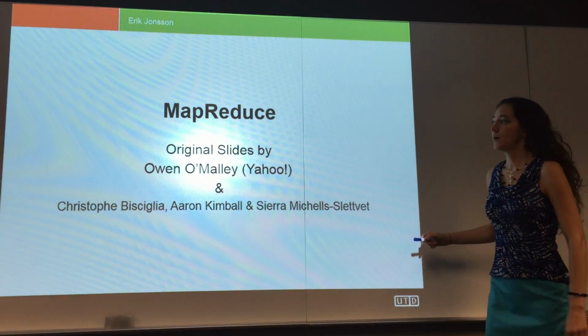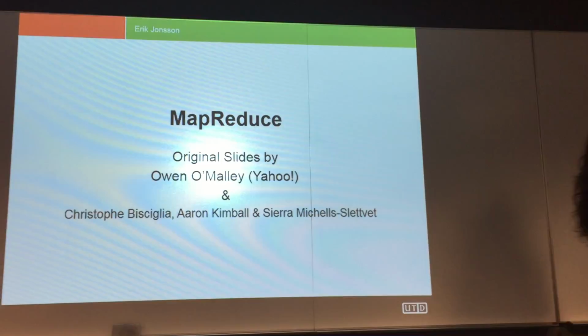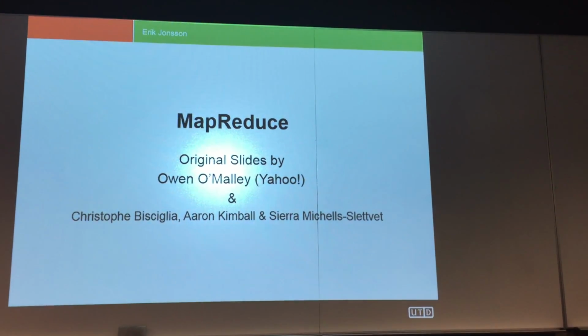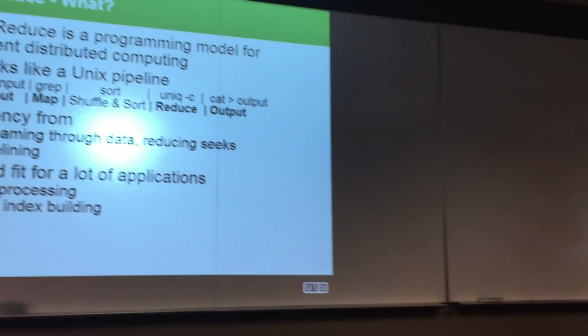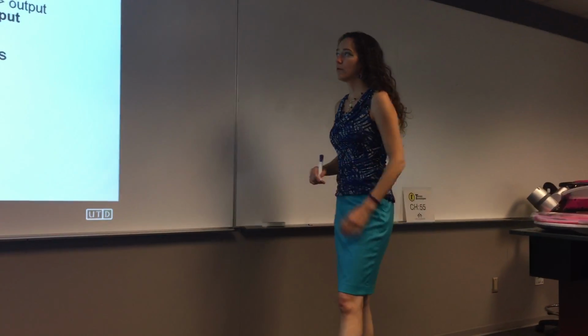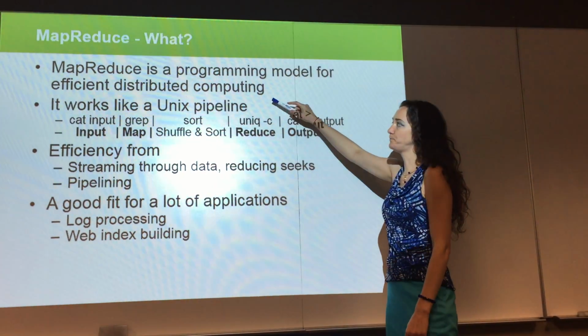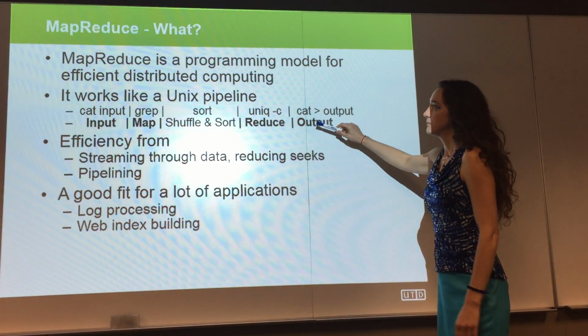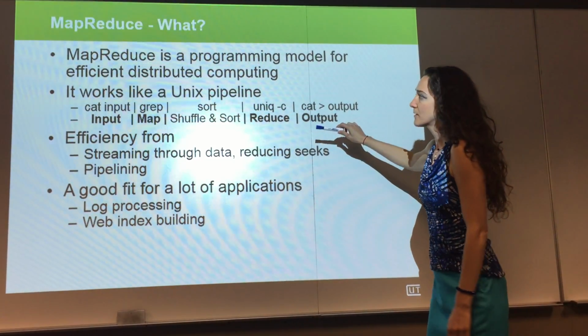Okay, so we'll talk about MapReduce. We'll go over it one more time. MapReduce is a model for programming in this distributed environment that we've been talking about. It works like a Unix pipeline.